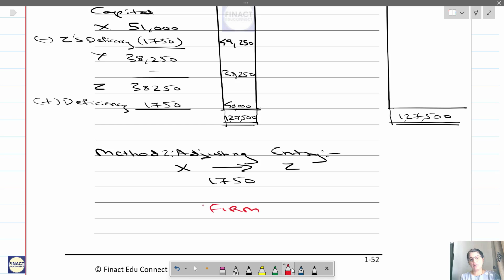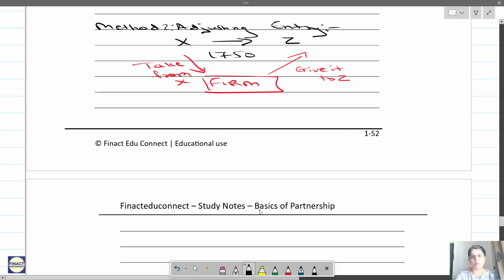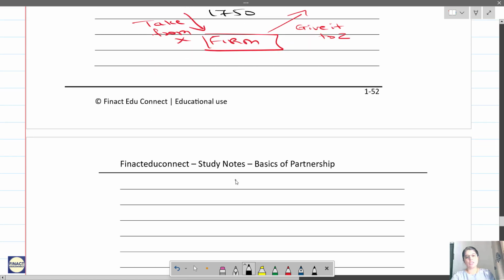We are a firm, we are a mediator. We take this from X and give it to Z. So as a firm, if I have to take something from the partner, my firm's liability towards the partner decreases. And if I have to give something to the partner, my firm's liability towards the partner increases.